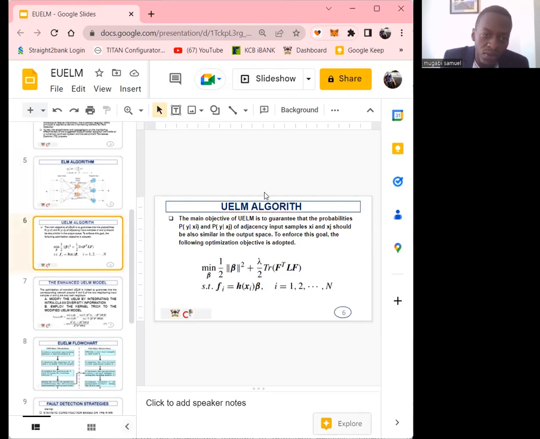So the unsupervised extreme learning machine, its main objective is that it guarantees the probabilities of adjacent inputs x1 and x2 to be similar in the output space, and it's enforced by following the optimization objective that is adopted. That is the math right there in the formula.